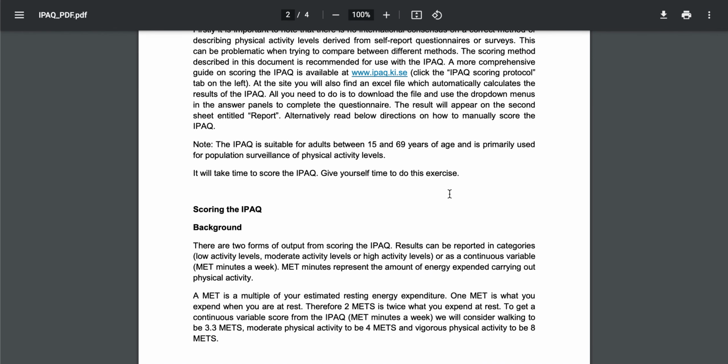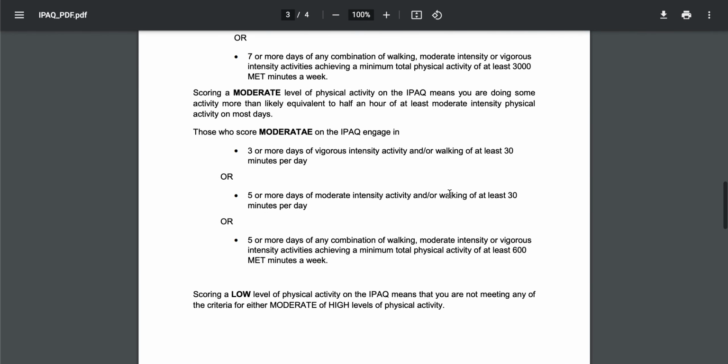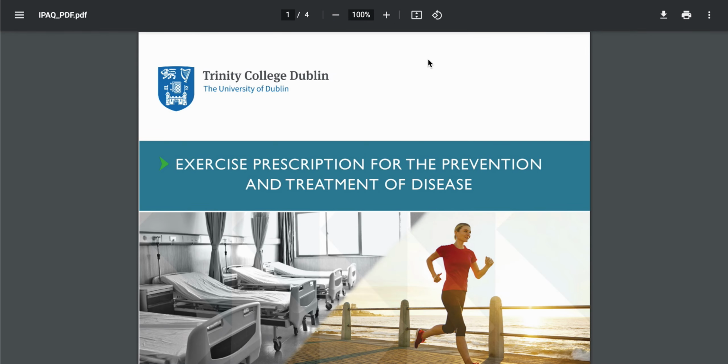So it's a measure for physical activity, and then you can look at this document, or similar documents, just to see how it is calculated. But that's not what we are focused on, but this is something that will be part of this analysis, just to understand, at least at a high level, what IPAC means.